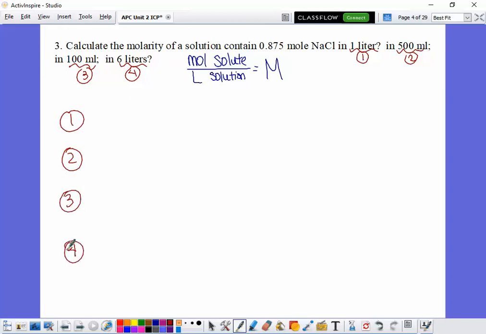So what'd you get for number 1? 0.875. Yep, 0.875. What are your units? You could do a big M, or you could write it as 0.875 moles per liter. I don't care. Either one. Okay. What about for number 2? 1.75?